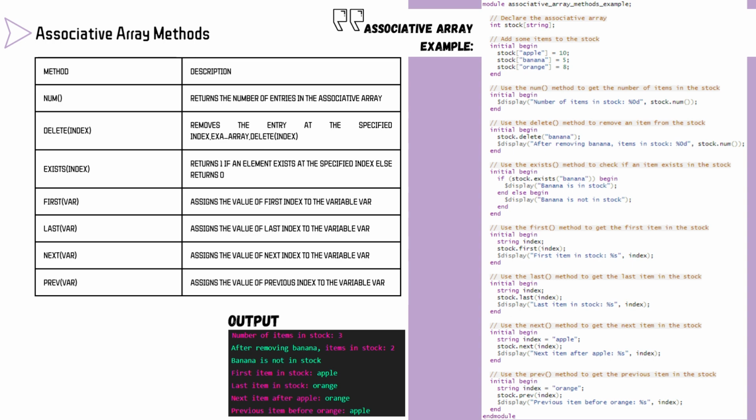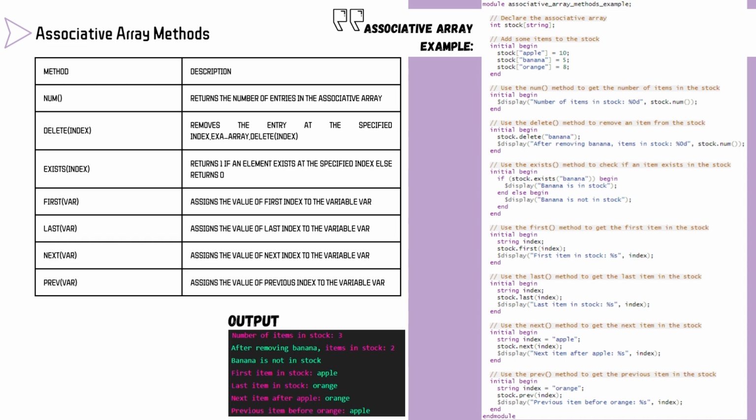Finally, we use the prev method to get the item before a given key in the stock array. This method takes a variable as an argument that holds the key of the current item and assigns the key of the previous item in the array to that variable. The output of this code shows the results of each method call.